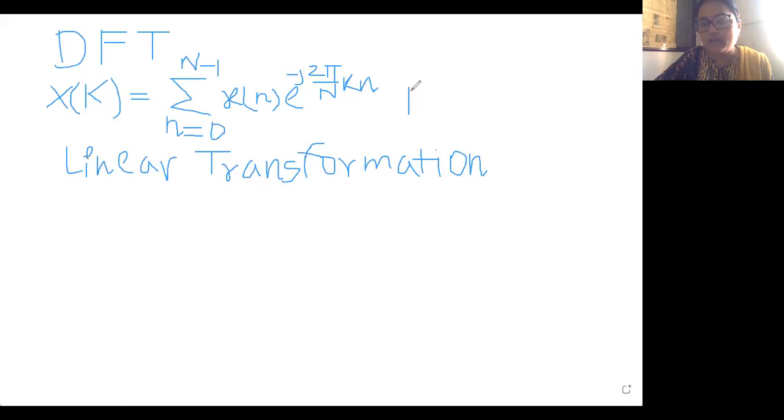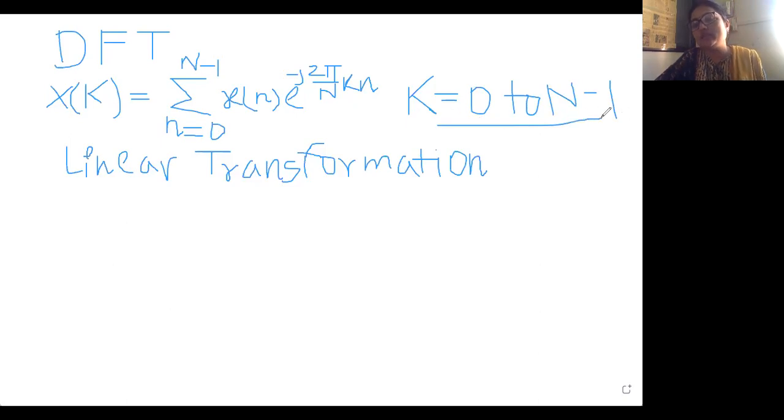And we know that k varies from 0 to N minus 1. So from this, we can immediately say that there are N number of DFT samples present here.